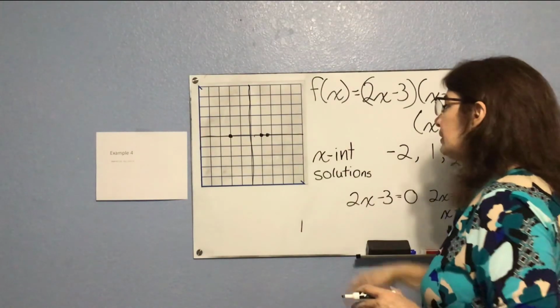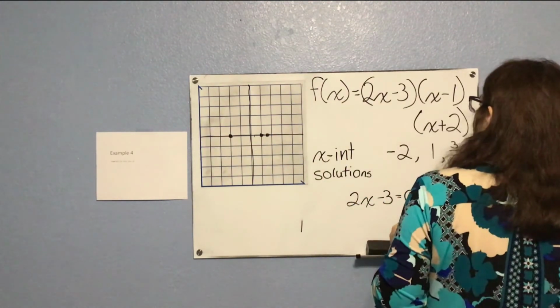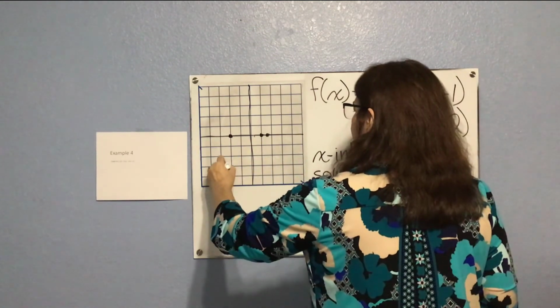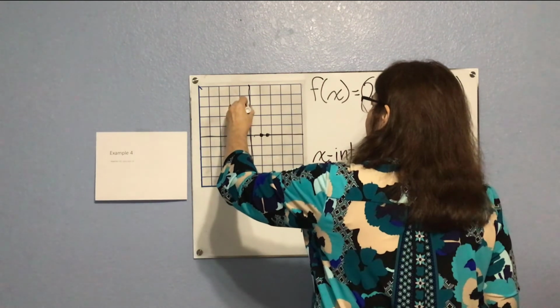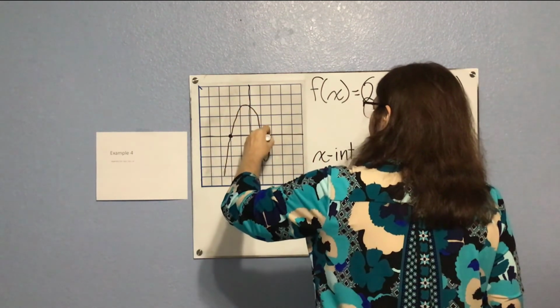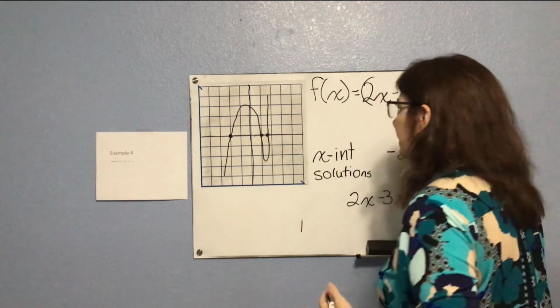So in this third degree polynomial, I've got my 3 x-intercepts. My leading coefficient is a positive number, so I know I'm going to come up from here. And somewhere up here, I'm going to have to turn around and go back here, and then turn around and go back through this one. So that's the general shape of my graph.